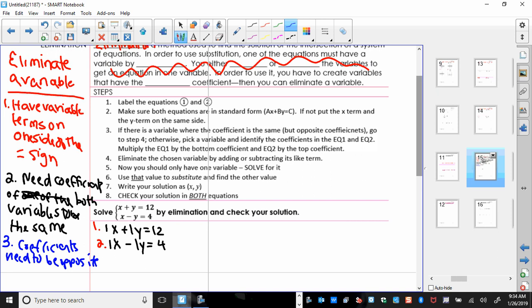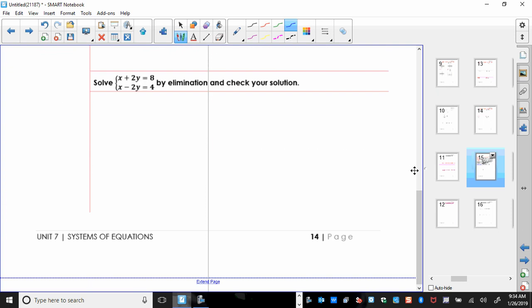So what we're going to do is eliminate the chosen variable by adding or subtracting its like terms. So we are going to draw a line underneath and start the process of elimination. How do you start the process of elimination, you ask?